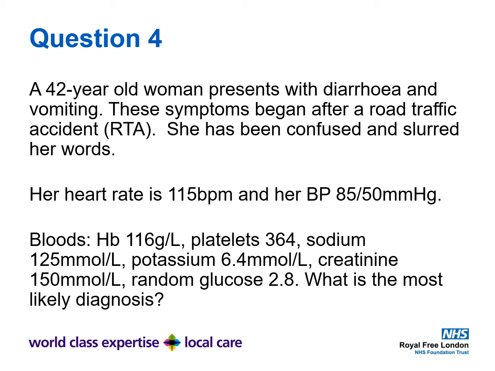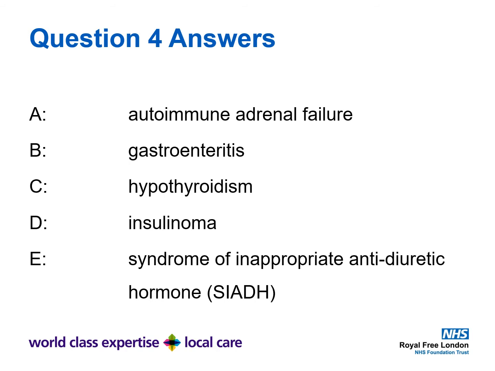What is the most likely diagnosis? Is it A, autoimmune adrenal failure, B, gastroenteritis, C, hypothyroidism, D, insulinoma, or E, syndrome of inappropriate antidiuretic hormone, or SIADH?